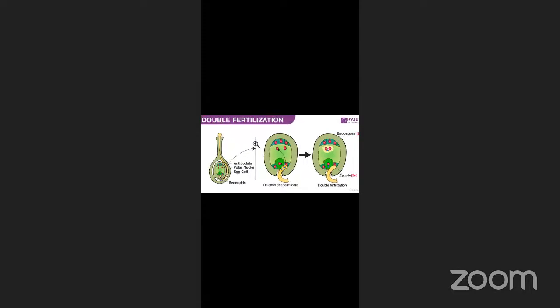Where is the diagram here? Wait, my diagrams. Are you able to see the diagram? Hello? Right. Based on this diagram, you can explain what is double fertilization. Two diagrams are clearly given.